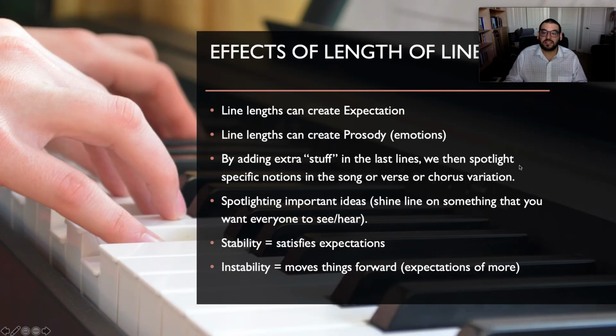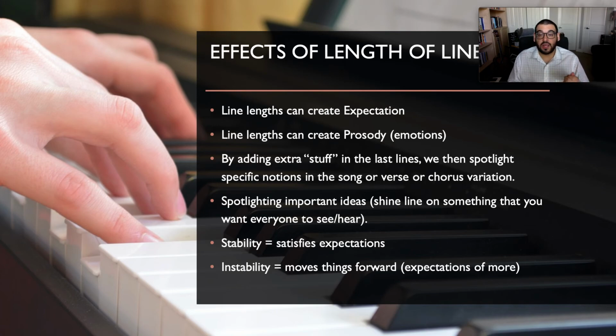So, the effects of line length. Okay, line lengths can create expectations, right? If your line lengths don't match up, well, your listener expects them to match up. The consumer expects the lines to match up, things to be complete, things to be resolved. But if they don't match up, then you give your audience that expectation of, hey, don't push pause, don't stop the music, there's more.